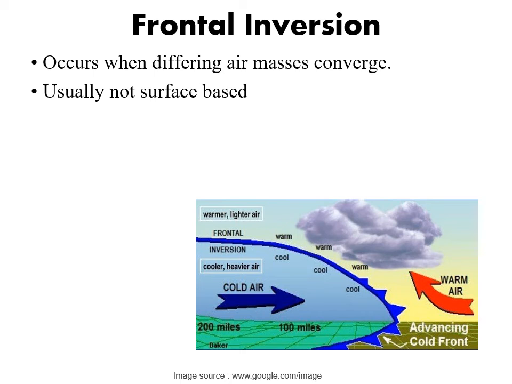Here you can see the cold air and the warm air converge in this portion, and this portion, the junction between the cold air and the warm air, is known as a temperature front. This type of inversion is also not surface based.